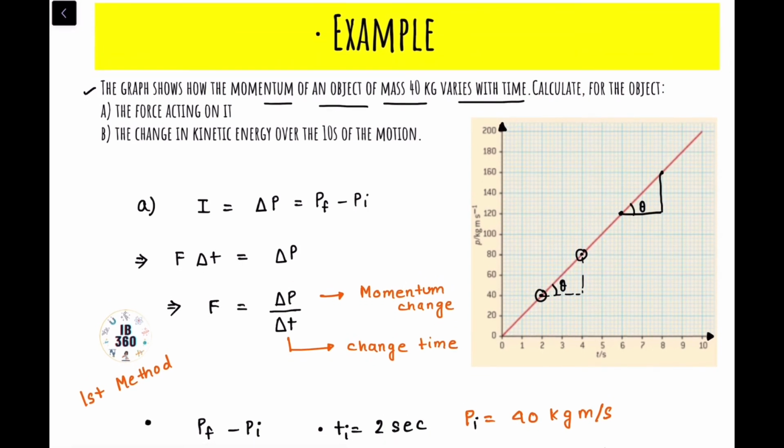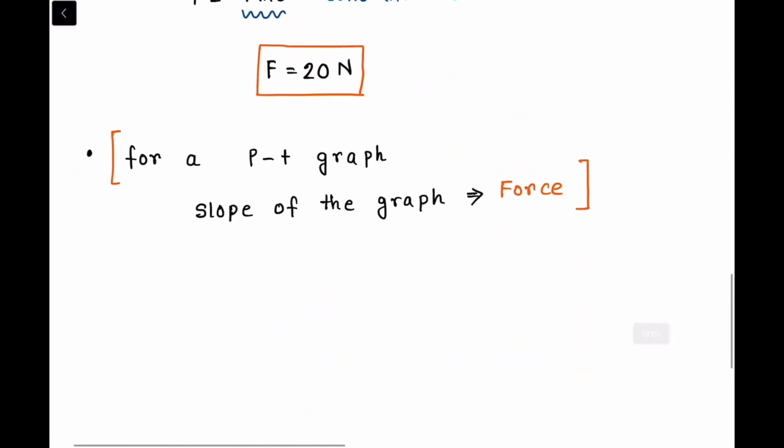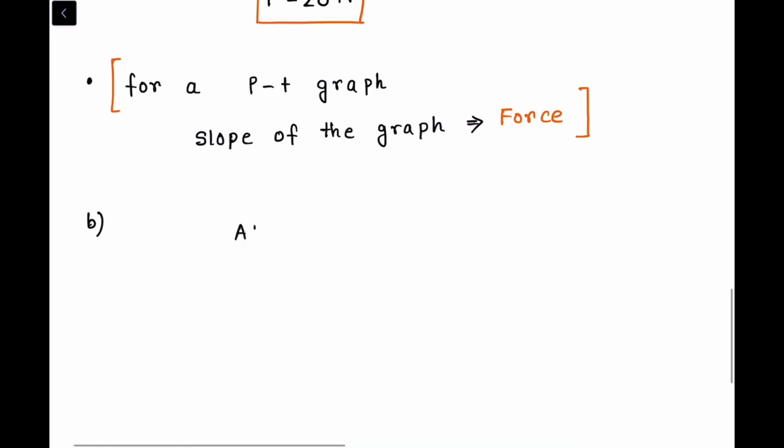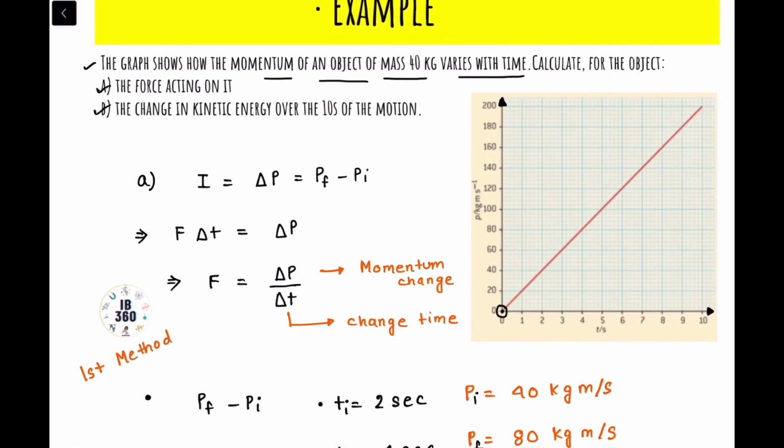So now for the second part, the change in the kinetic energy over the first 10 seconds of the motion, okay. So that means, see, initially what is the kinetic energy? Initially at t equal to 0, I'm writing for part B, the initial momentum is 0, right?